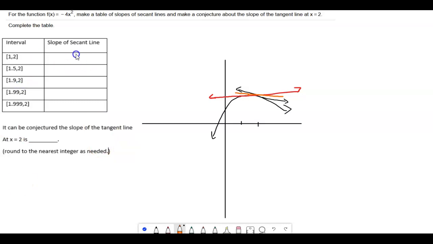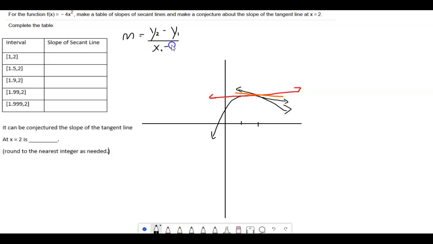What they want us to do the first time here is find the slopes of all of these secant lines. So in order to find the slope of any line, we need to know the formula for that. The slope of a line, which we'll call m, is equal to y2 minus y1 all over x2 minus x1.